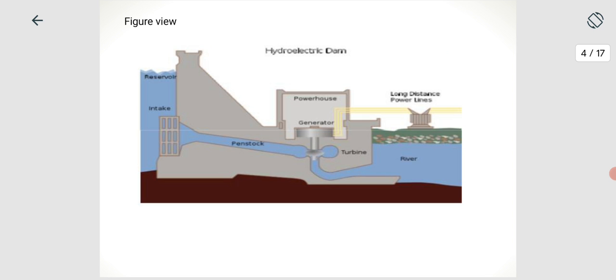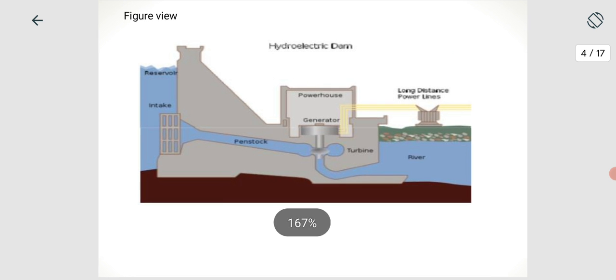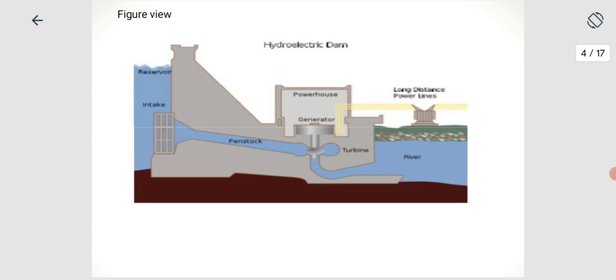So the turbine will be rotated by the pressure of the water. So hydraulic energy will be generated, and hydraulic energy will be converted into mechanical energy, and mechanical energy will be converted into electrical energy. So that is the powerhouse with generators. These are the rivers, so the wastewater is connected to the rivers.